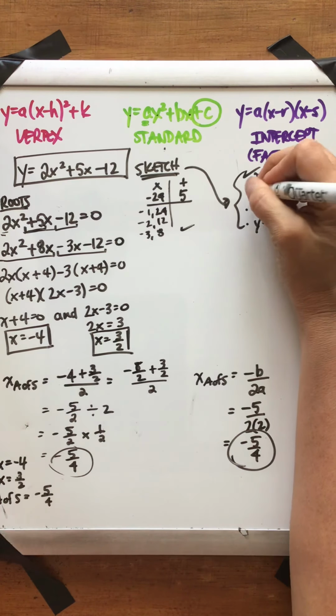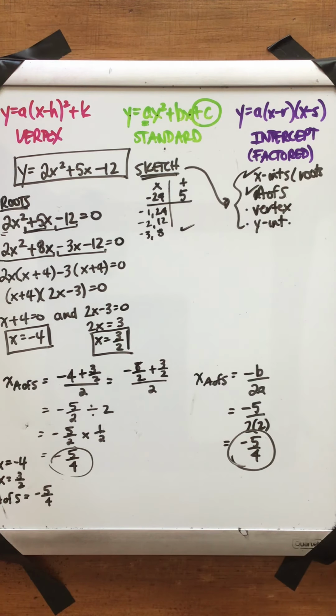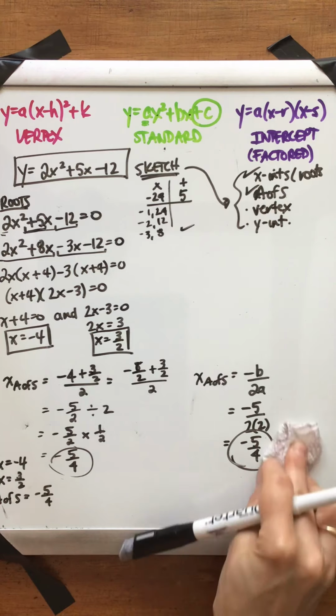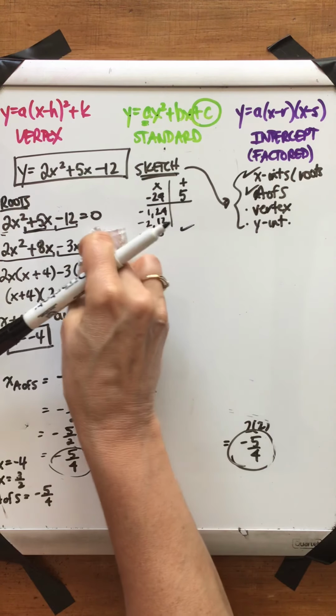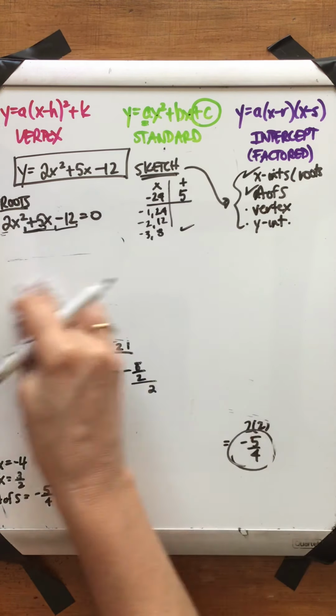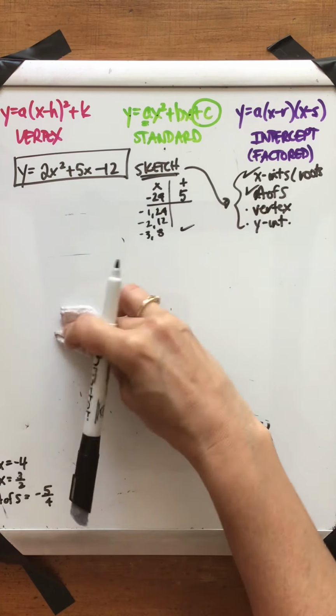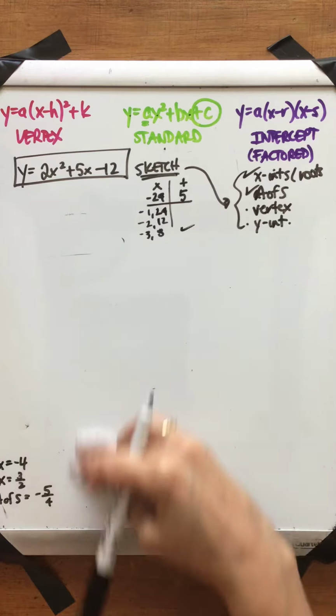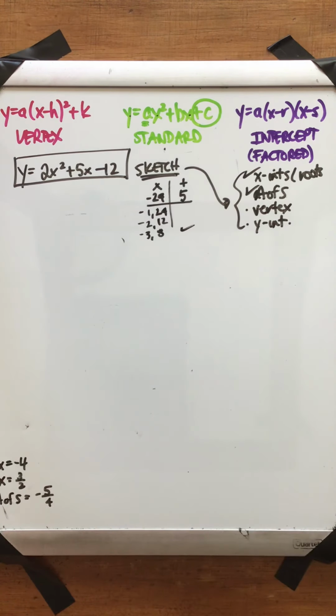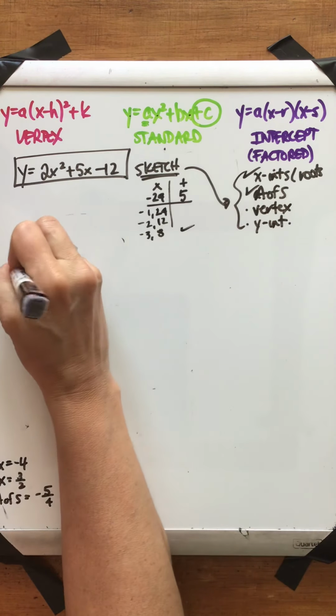All right, so going through our checklist of key features, we've got the first two. Now we need to find the vertex. So to find the vertex, I need to sub in that x value for the axis of symmetry into the equation and see what y is equal to. So let's do that.